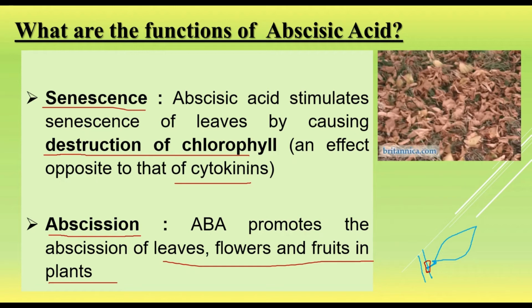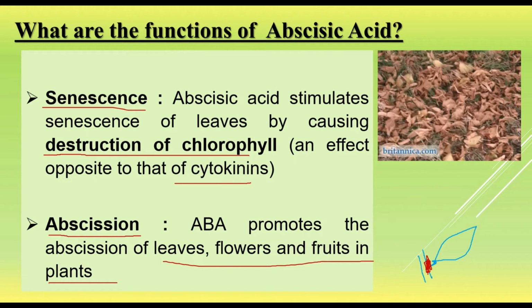In this layer, at the time of abscission, there will be deposition of suberin, and we know that suberin is impervious to gaseous exchange and water exchange. Therefore, this suberin layer does not allow the supply of water from the stem to the leaf, and also it inhibits the transportation of minerals from the stem to the leaf.